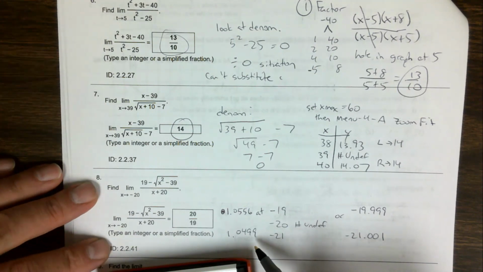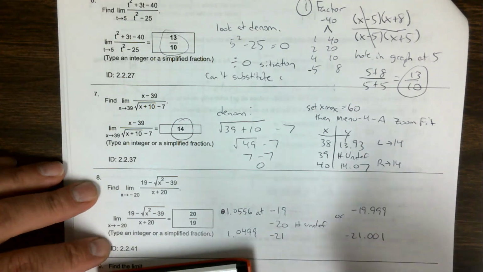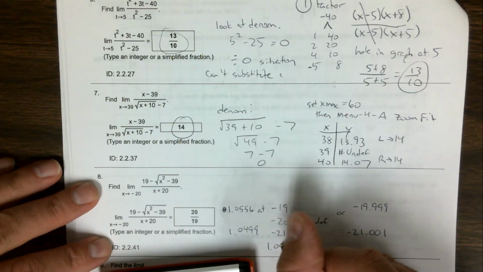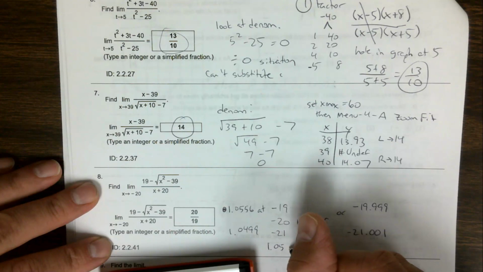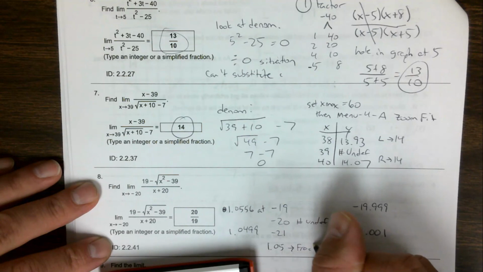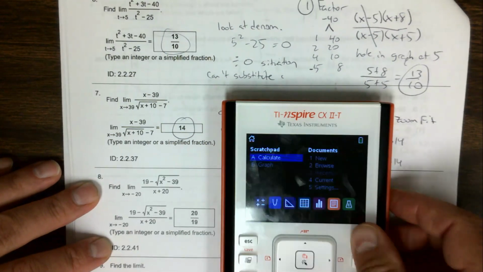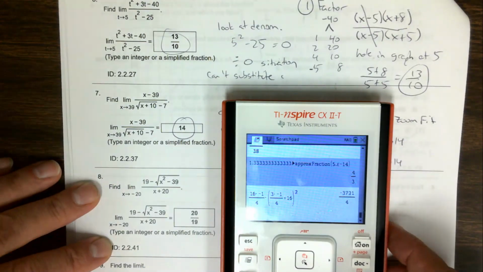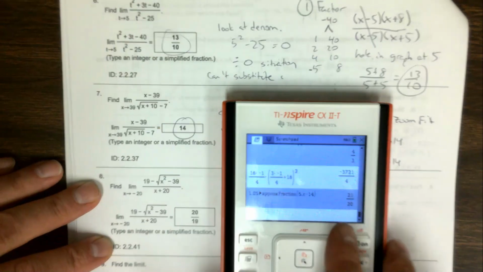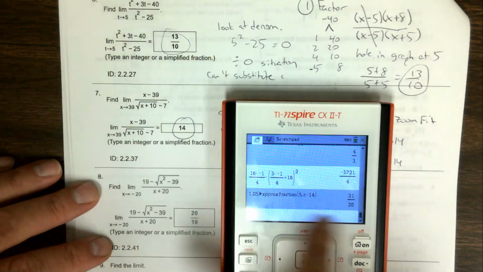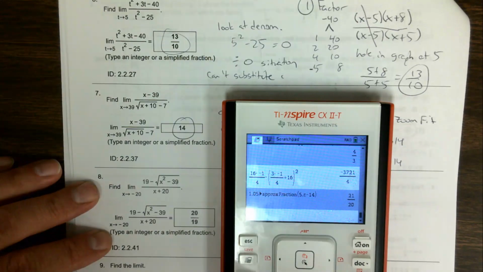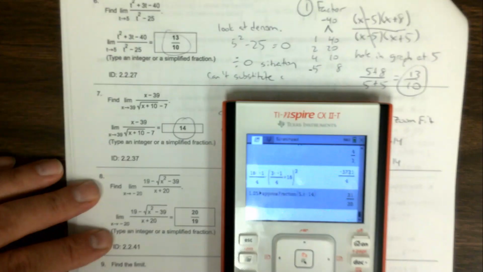So this one doesn't give me an exact number. So let's just say, what is 1.05 as a fraction? That's 21 over 20. So that was not what we wanted. Okay, so let's see.